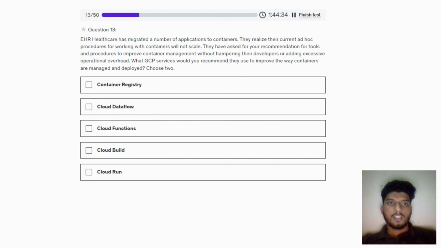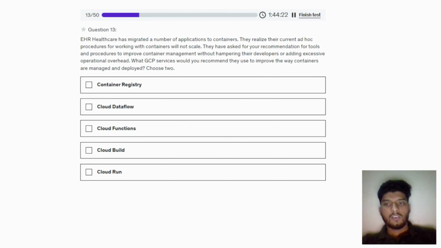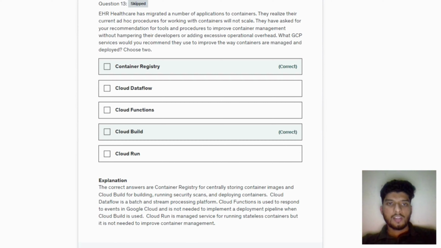The question 13 is, you have to select the right two options. The right answer of question 13 is Container Registry and Cloud Build. Here is the explanation.